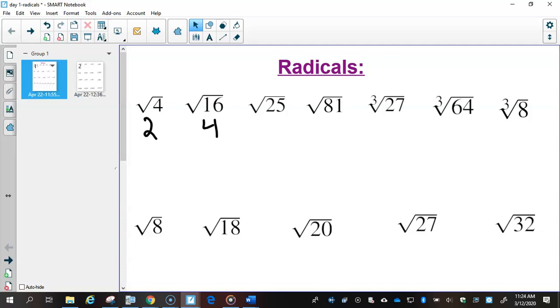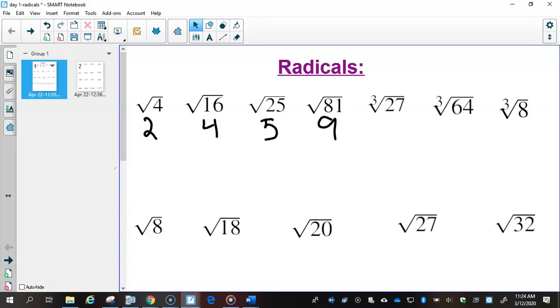The square root of 25? 5. The square root of 81? 9. Okay, so 9 times 9 equals 81, 5 times 5 is 25, 4 times 4 is 16, and then 2 times 2 is 4. But now when we have these cube roots, we're thinking what number multiplied to itself 3 times will give us whatever is inside.